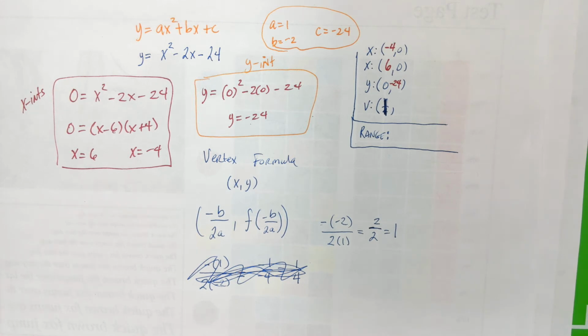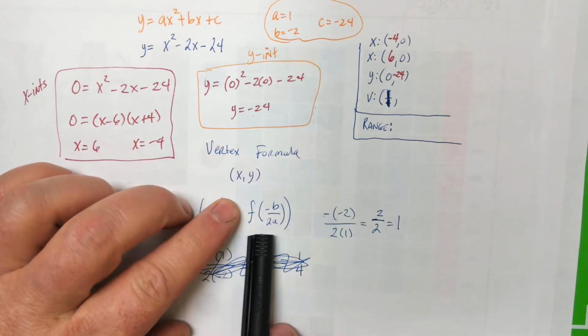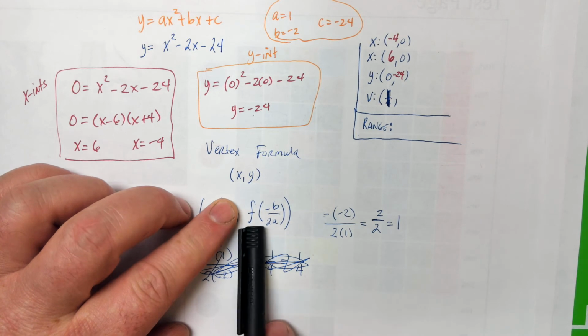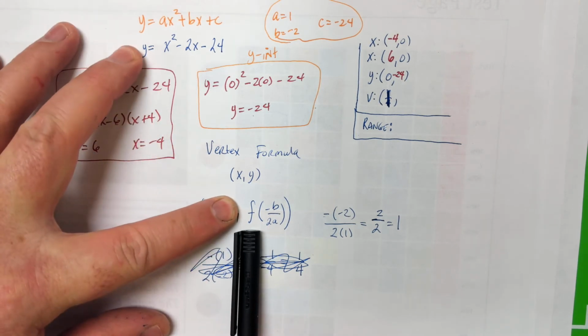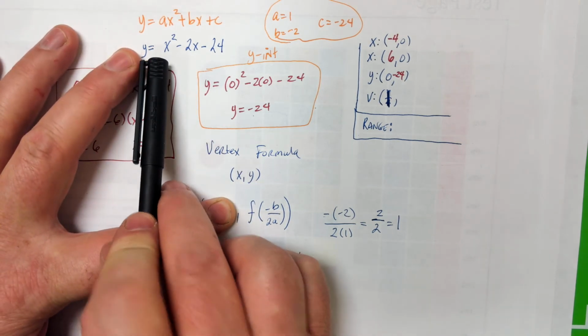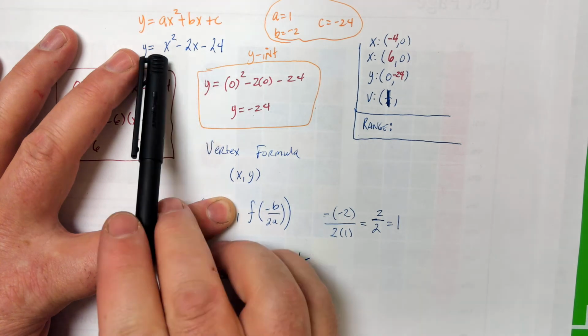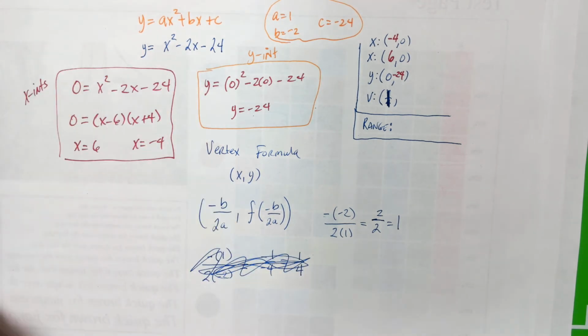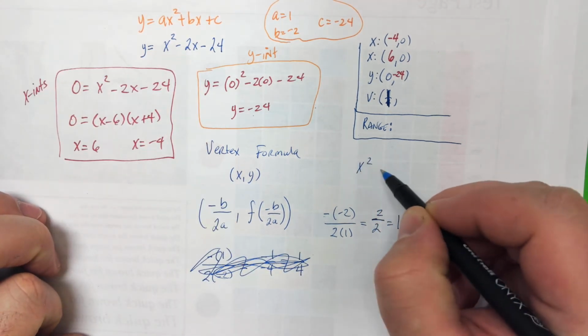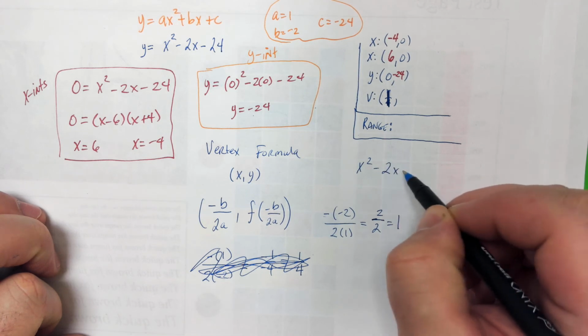Now, Alexa, here's all this means. All this ugly thing right here means you take your original equation, and everywhere you see an x, you put your answer that you just found. So our equation is x squared minus 2x minus 24.